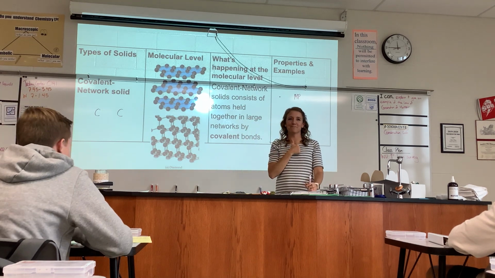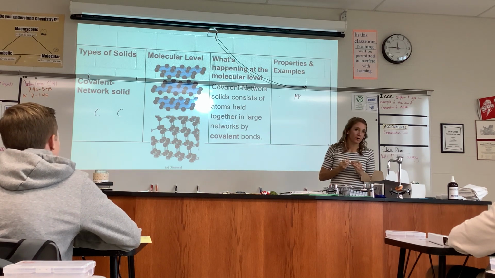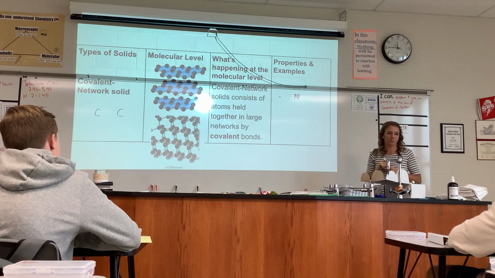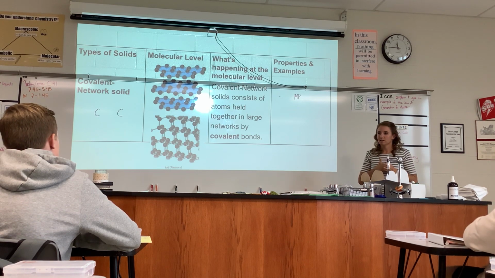Give me a thumbs up for high, thumbs down for low. Knowing what you know about the structure of covalent networks, what would you predict their melting points to be like? Show me with your vote, underneath your chin.